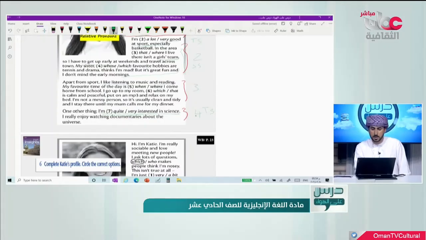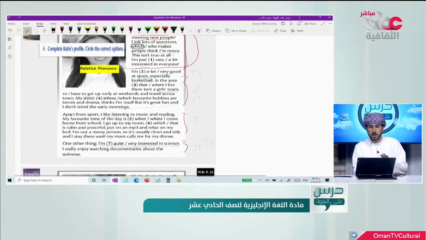Okay, so she gives more extra information about how she is interested in science. So now we want to write the same as this descriptive essay, and we will try to follow these elements.